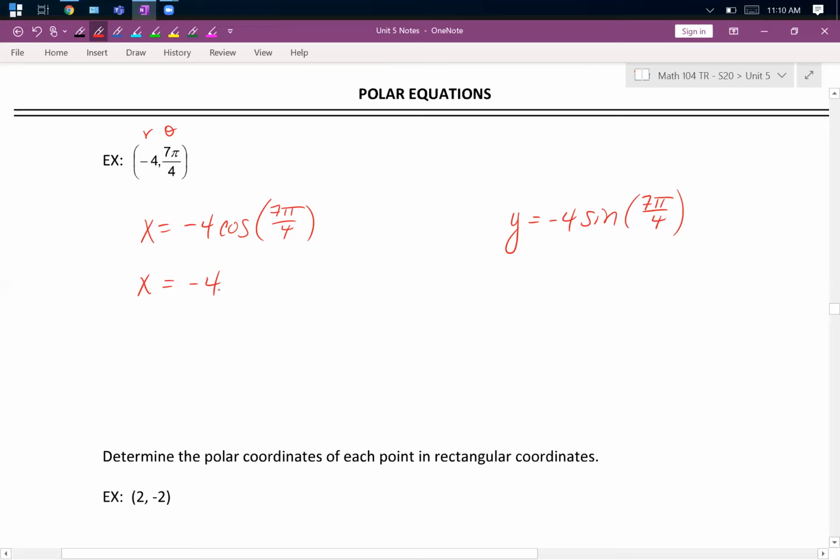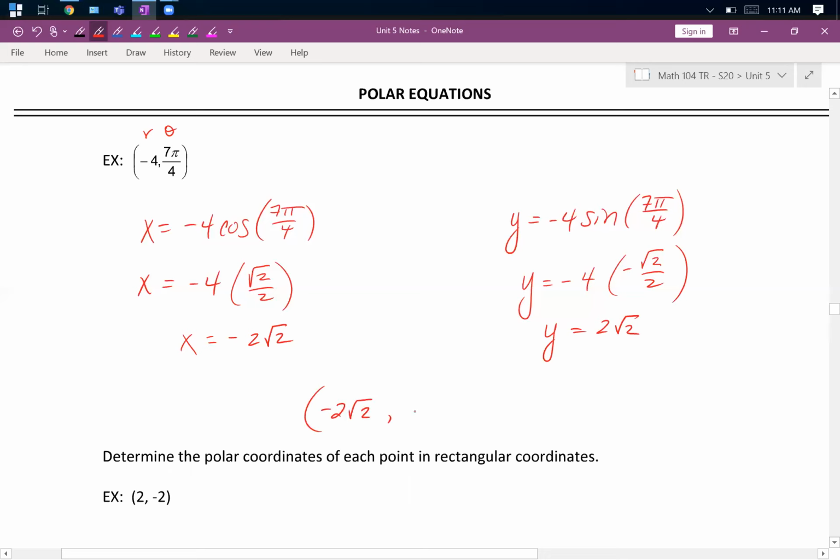Cosine of 7π/4 is square root of 2 over 2, and sine of 7π/4 is negative square root of 2 over 2. So x is negative 2 square root of 2, and y is positive 2 square root of 2. We get the ordered pair (-2√2, 2√2).